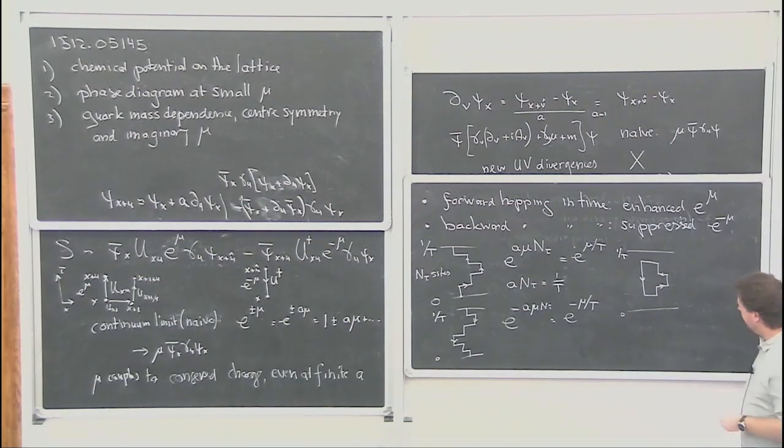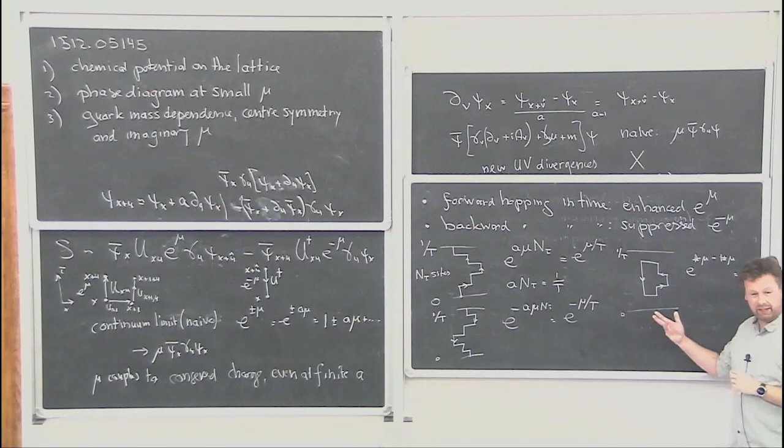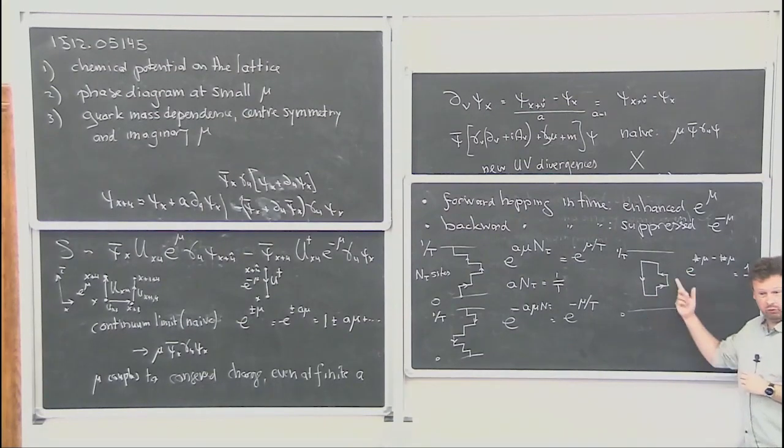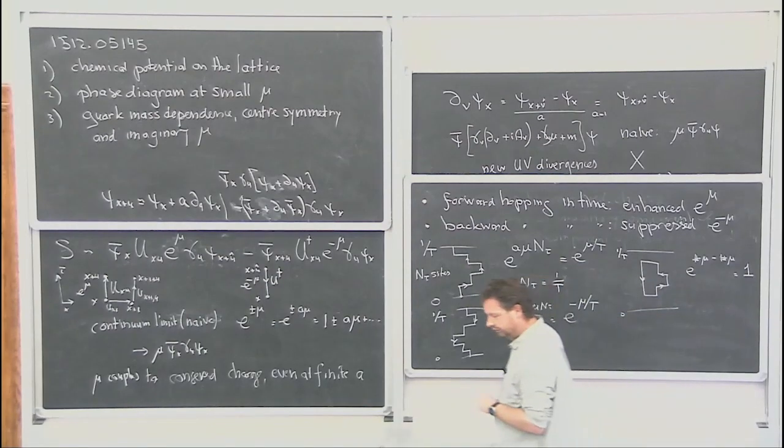Zero, because I have as many forward hoppings as backward hoppings. So this e to the plus mu and e to the minus mu exactly cancel. So there will be e to the mu forward and exactly the same number of e to the minus mu backwards. And so this is 1. So a world line that does not wrap around the fourth direction has no chemical potential dependence.